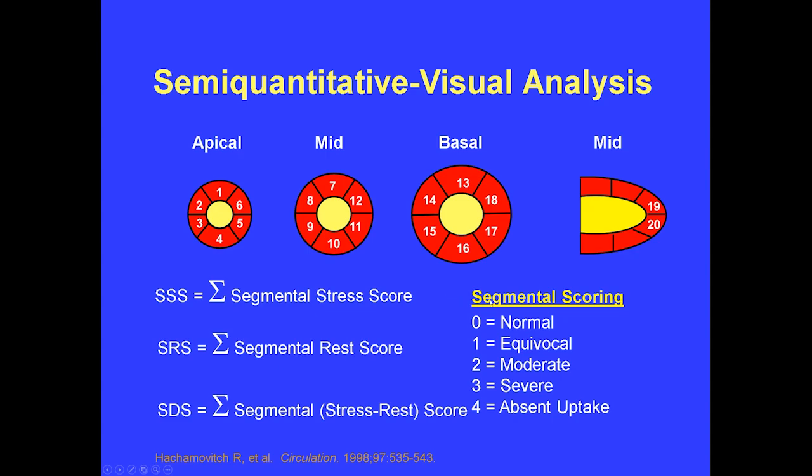You take all the areas of abnormal, or abnormally decreased, uptake and add those numbers up on each of the stress study as well as the rest study, and you come up with what's called a segmental stress score and a segmental rest score. Then you can take the difference between them as well, and you come up with what's called a segmental difference score.